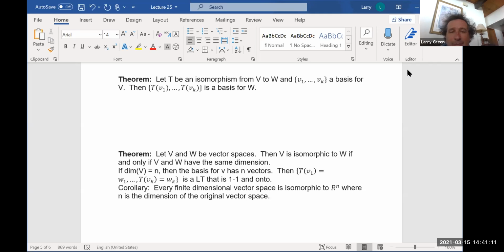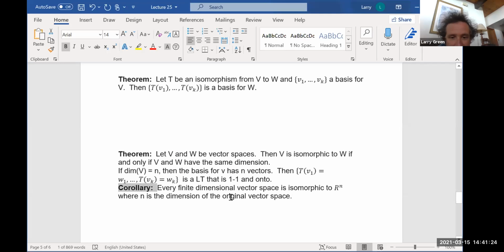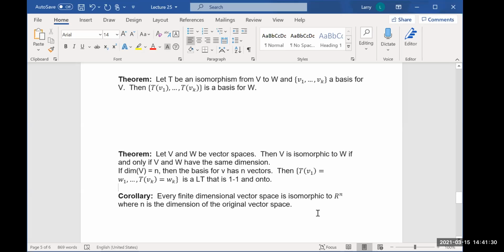So what is M4 by 5 isomorphic to? It's R20, right? Yep, R20. Isn't that easy? Okay, what is P7 isomorphic to? R8. Yep, R8.